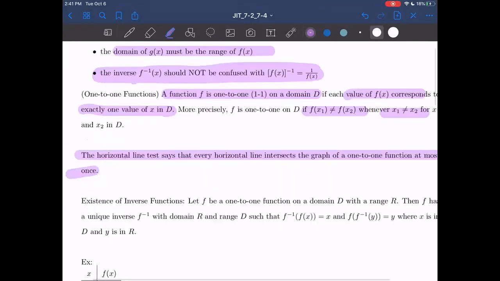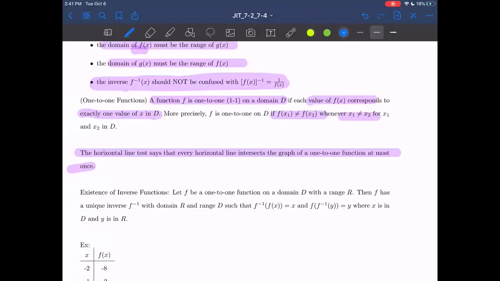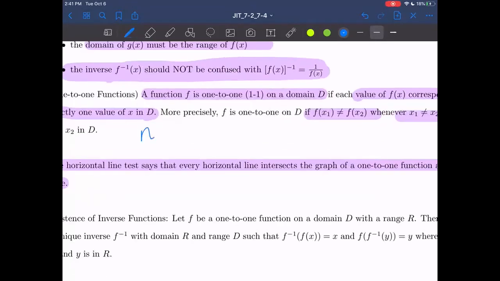But another way to think about them is that you can't have repeated y values.